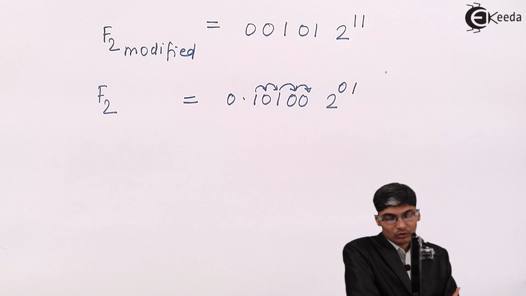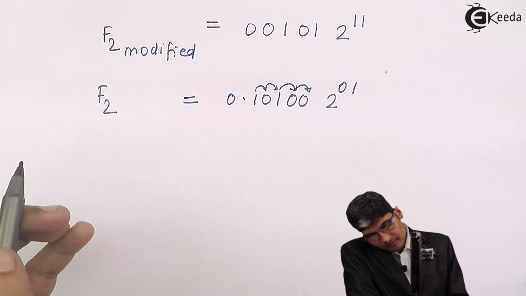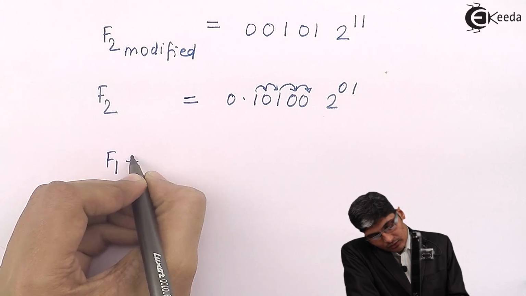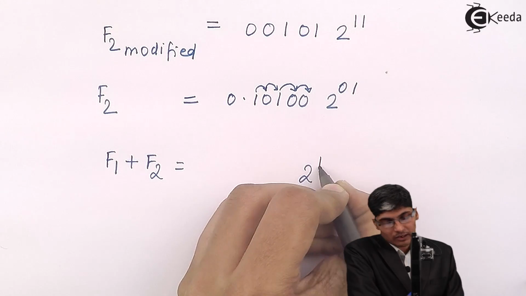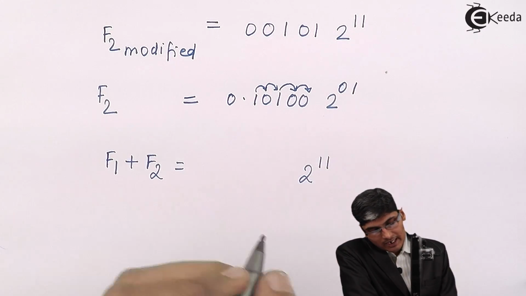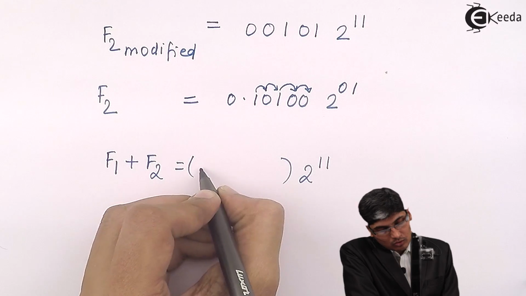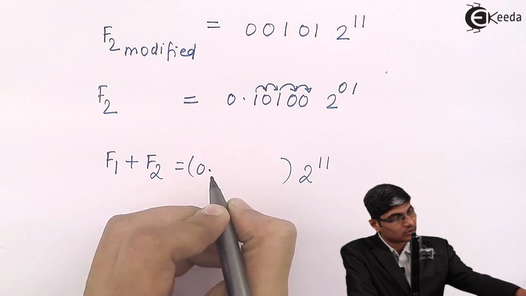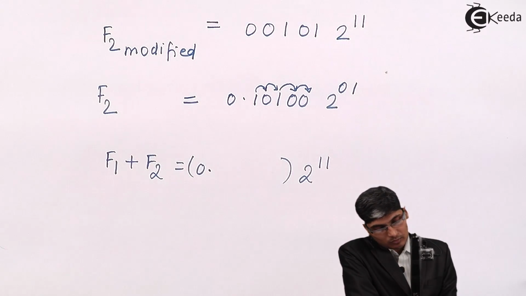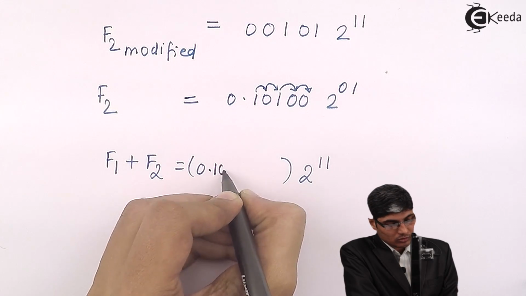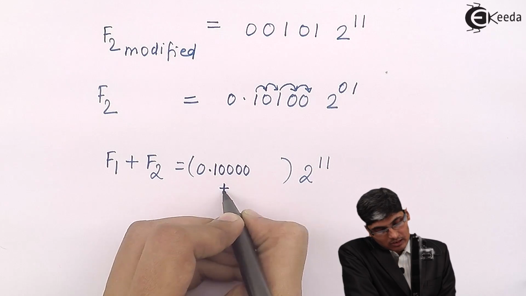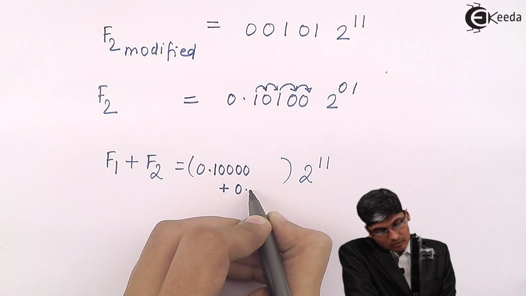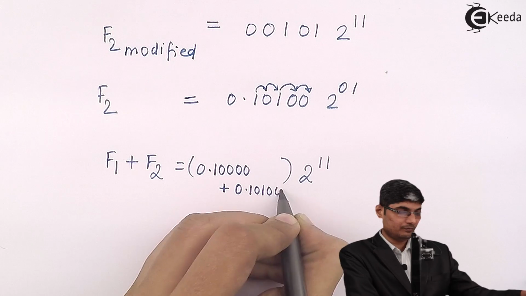Now you are free to add the numbers. So when you add the numbers, F1 plus F2, you have the index same for both, that is 1, 1. So I pull it out, 1, 1, and now I will add the numbers. The first number is 0.10000, which is 4 times, plus 0.10100.